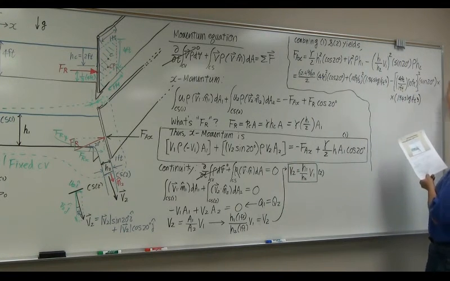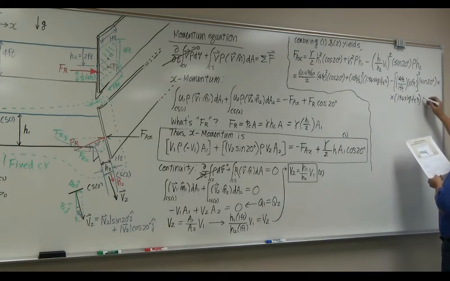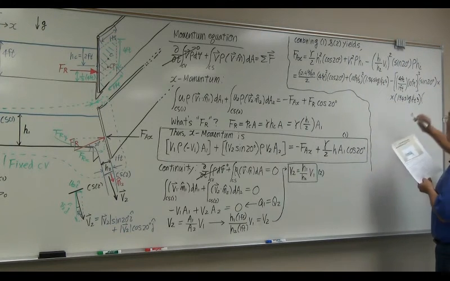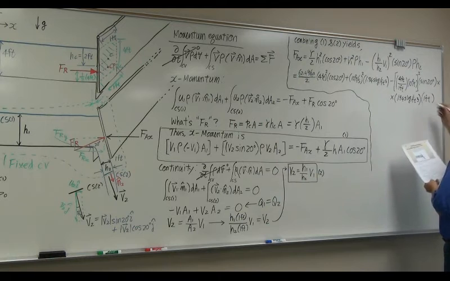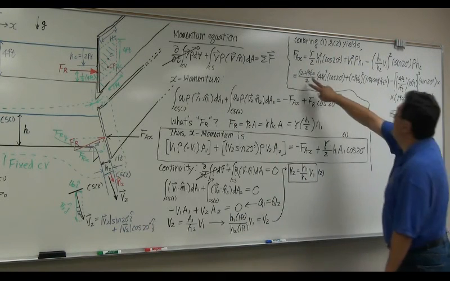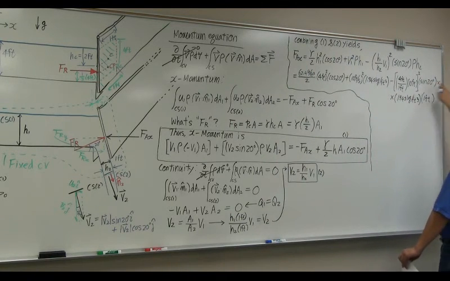Sorry, I'm out of space. H2 is 1 foot. So I just plug in the values. Sorry, I just ran out of space, so just multiply by that. Continue.